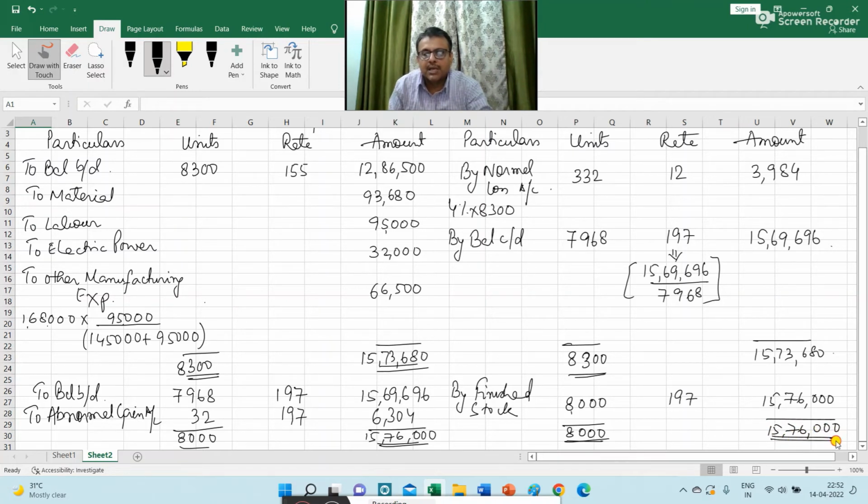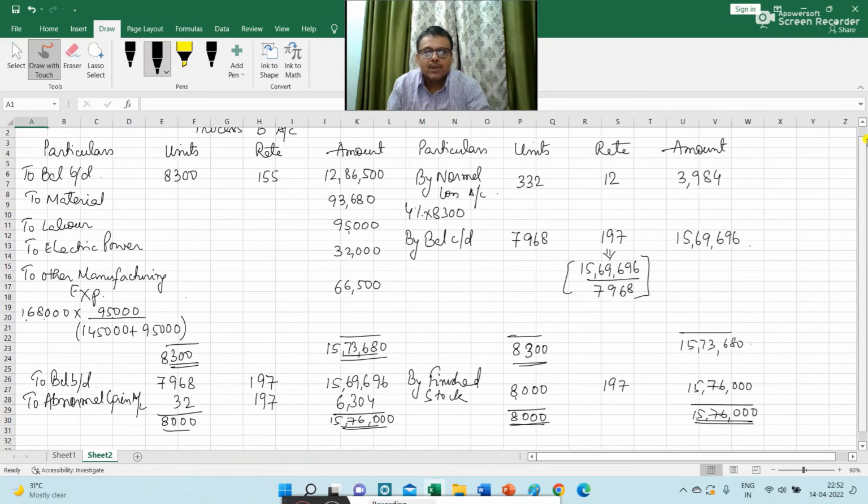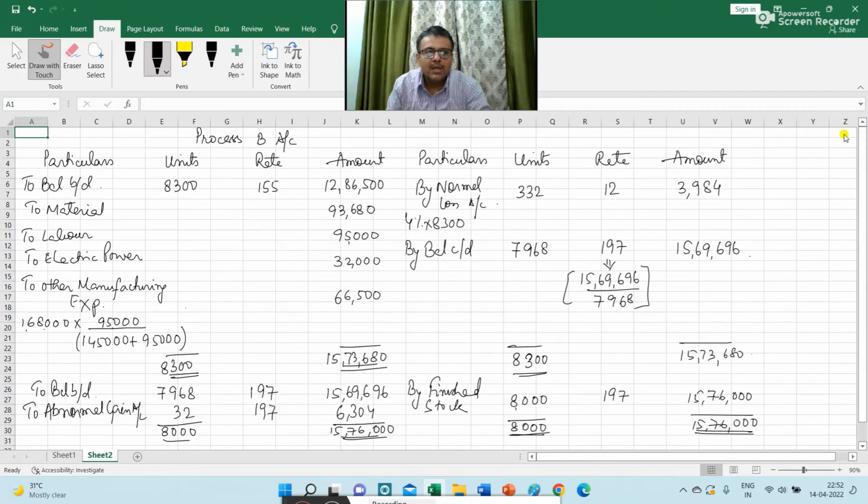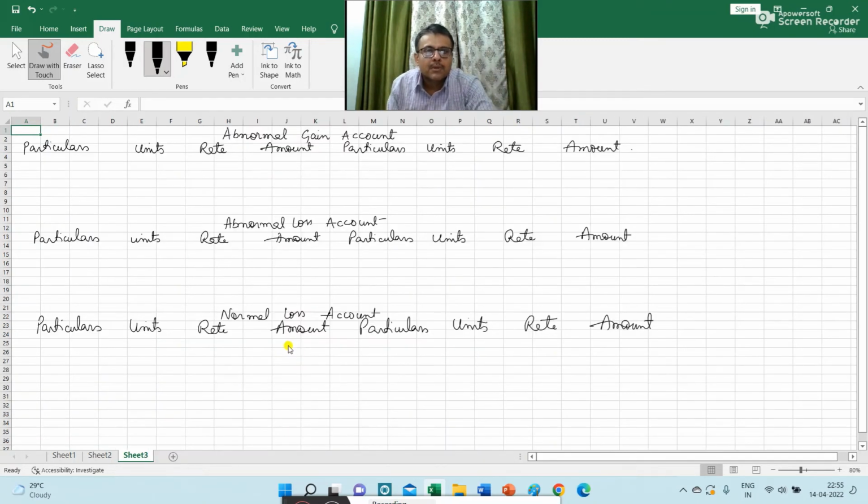So you can see that I have completed drafting the process A account and process B account. So it's time to prepare the abnormal gain account, abnormal loss account, and normal loss account. So here I have prepared the abnormal gain account, abnormal loss account, and normal loss account. The structure remains the same as I have prepared for process A and process B account.